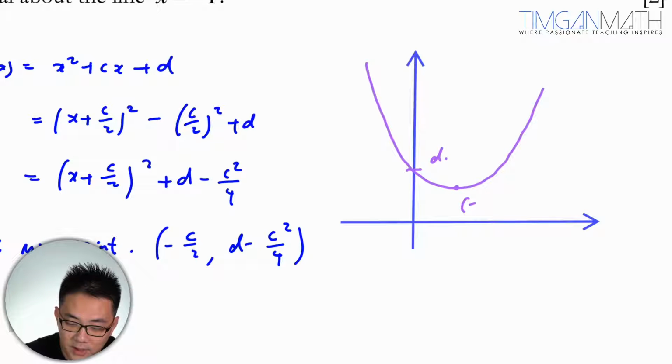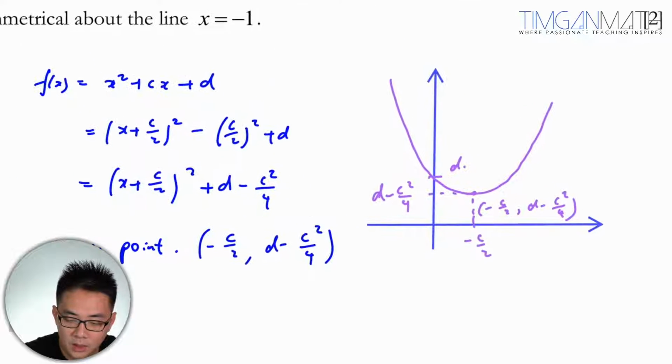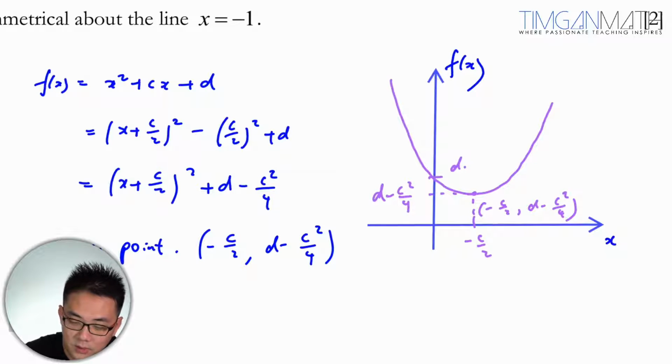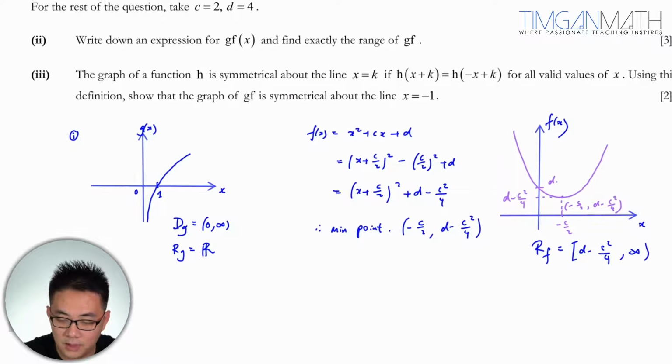The minimum point is minus c over 2, comma d minus c squared over 4. So the range of f is from d minus c squared over 4, inclusive, to infinity.